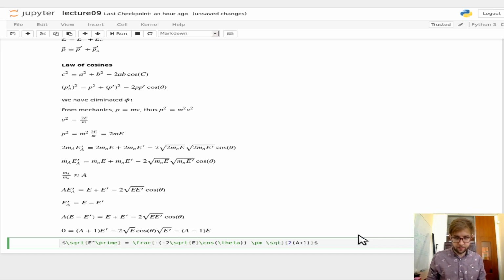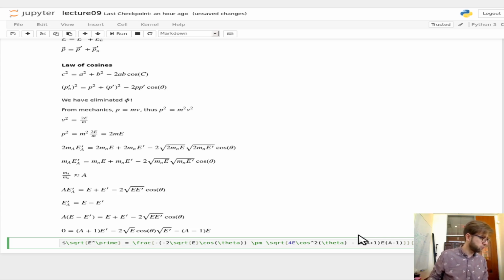square root of b squared, which is going to be 4 times E times cosine squared of theta, minus 4ac, which is minus 4 times A plus 1 times A times E times A minus 1 times minus 1.